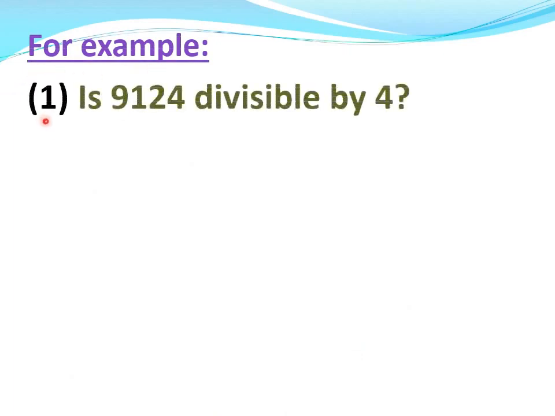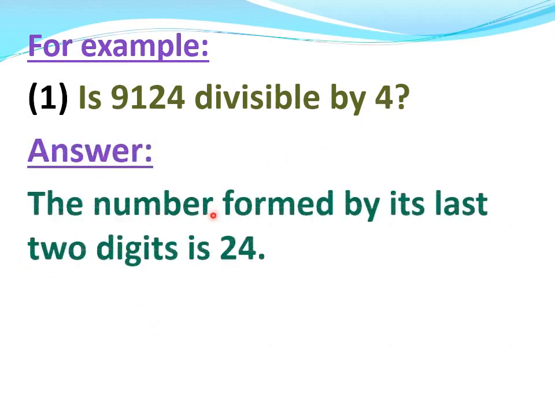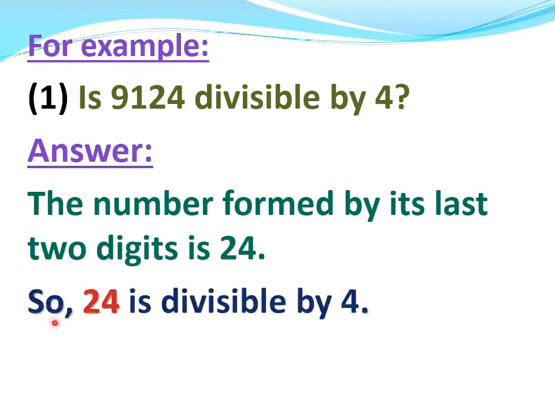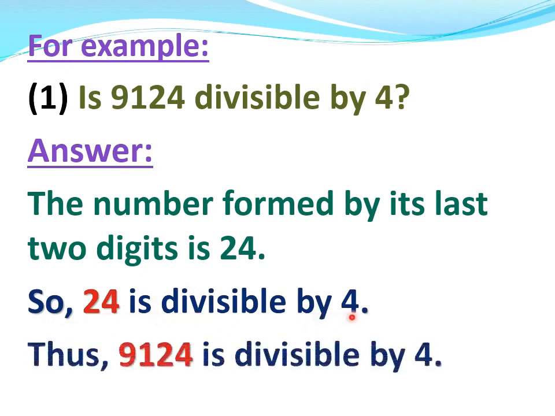For example, question number 1: is 9124 divisible by 4? Answer: the number formed by its last two digits is 24. So 24 is divisible by 4. Thus 9124 is divisible by 4.